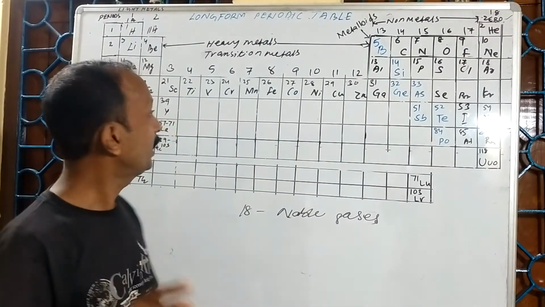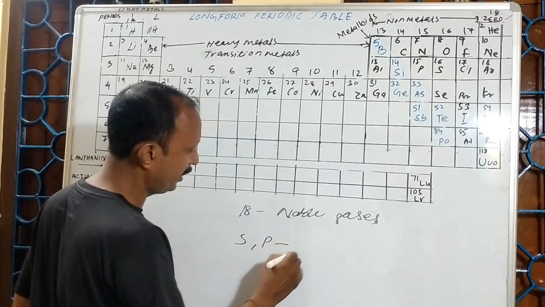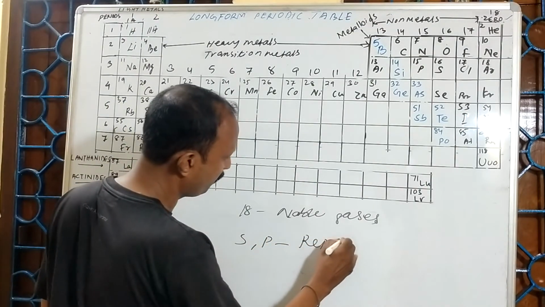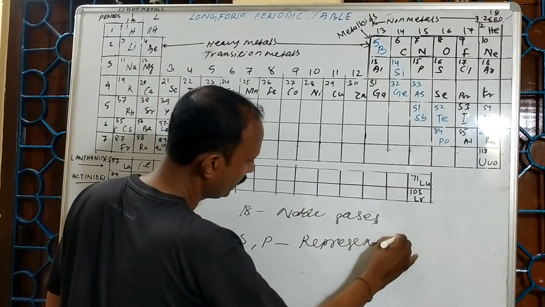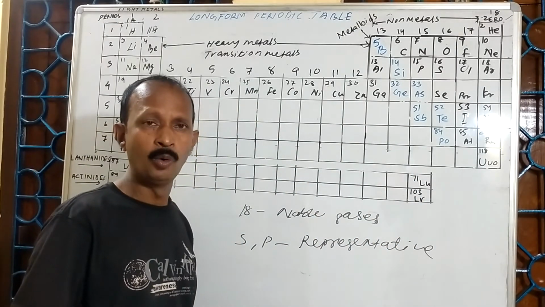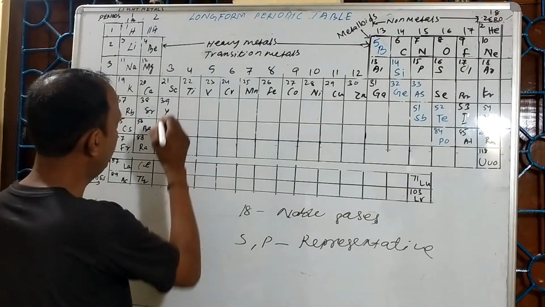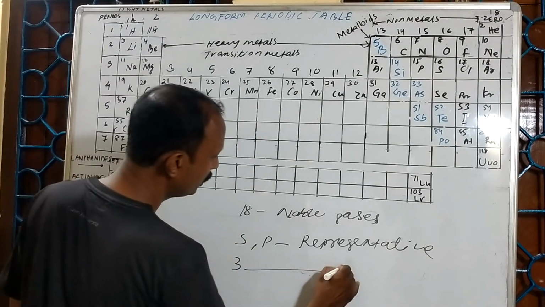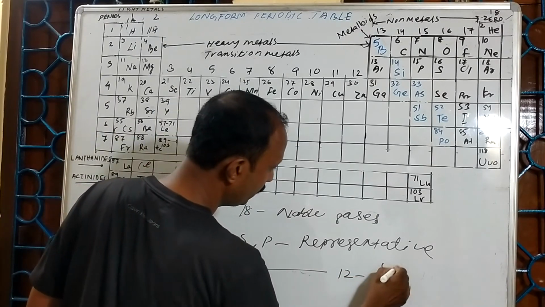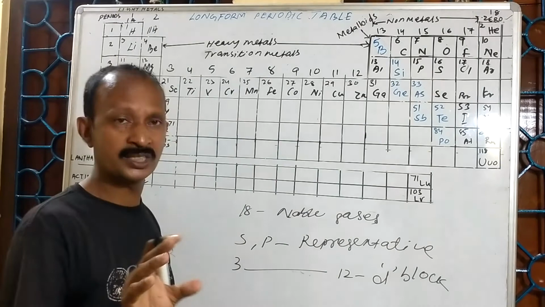I said S and P block elements, they are the representative elements. Their outermost orbits are incomplete, but the elements from 3 to 12, they are called the D block elements.